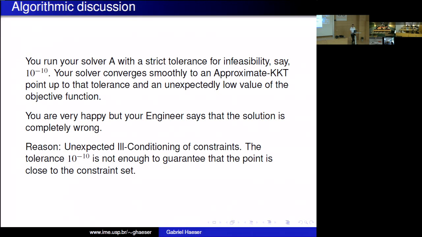You are very happy, of course, but when you show it to your engineer, he says, well, this solution is completely wrong. This can't be the case. This is the good case. The bad case is when the engineer does not realize that you are doing something wrong.